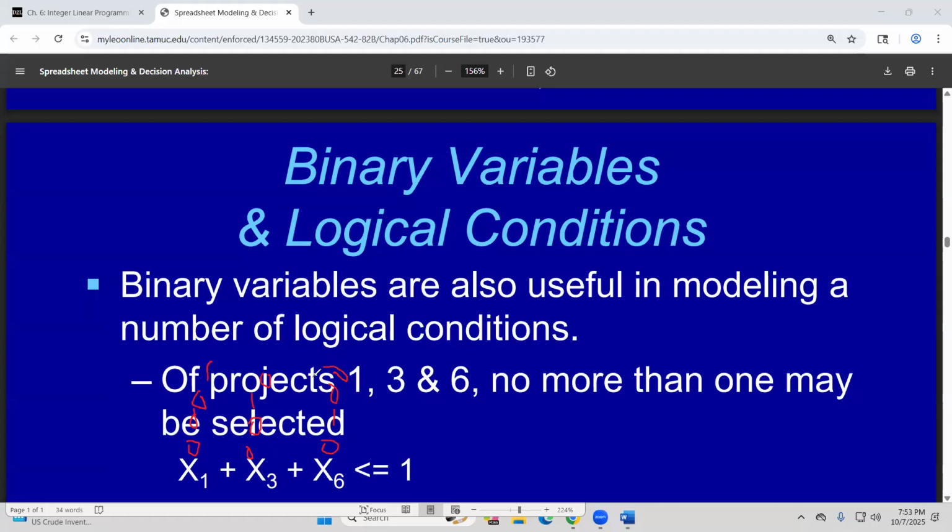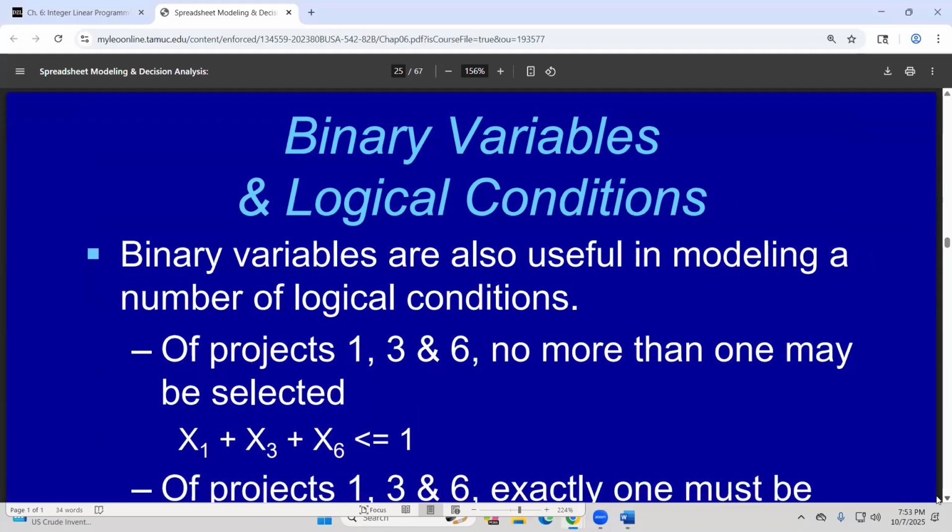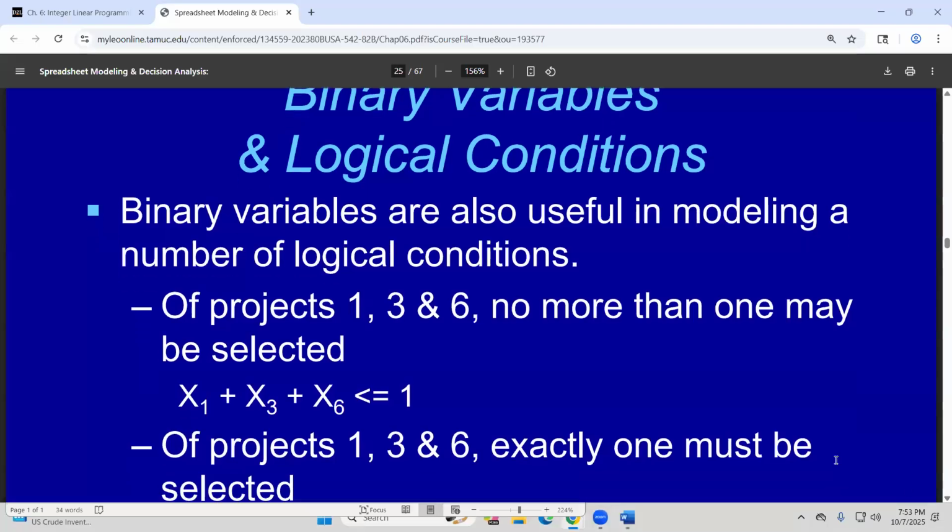Does it make sense? So these are the possible solutions, and you can see all of those match the description that we got. All right. Now, how about this?